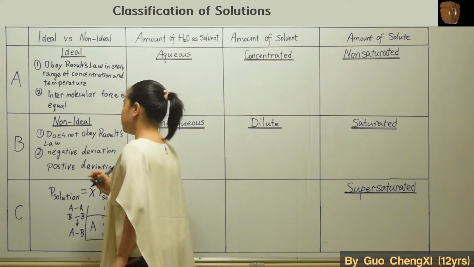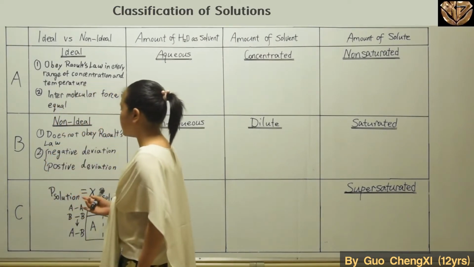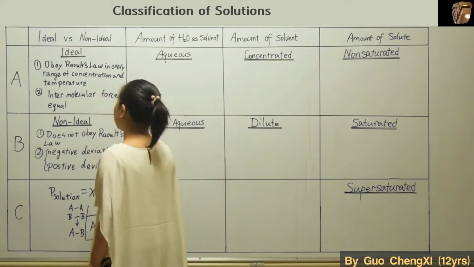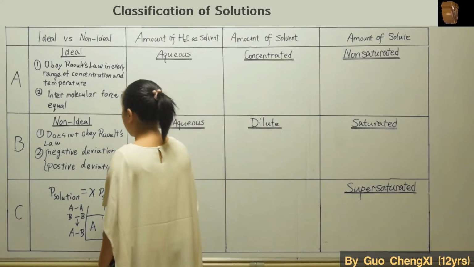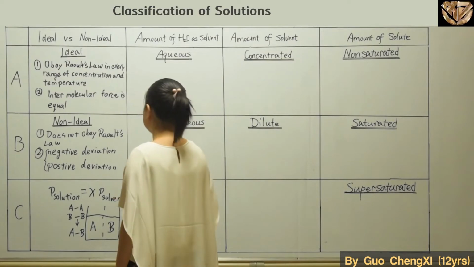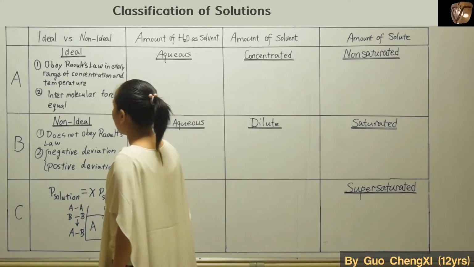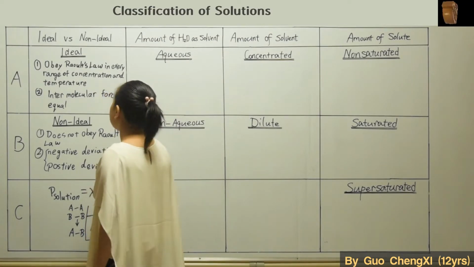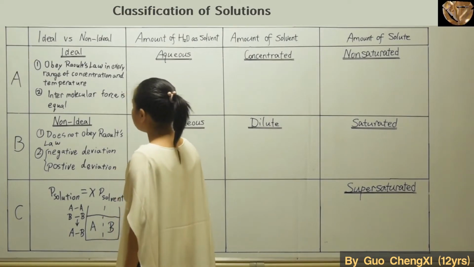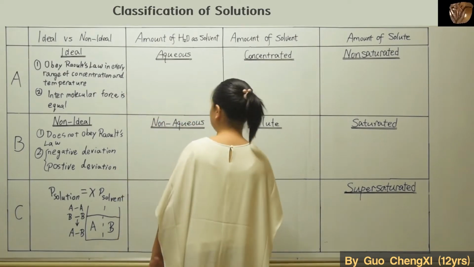So for non-ideal, as long as one condition is not met, it is not ideal. The first is that it does not obey Raoult's law, and the second is either negative deviation or positive deviation. Whereas ideal needs to obey Raoult's law in every range of concentration and temperature, and the intermolecular force is equal. There is no positive or negative deviation.